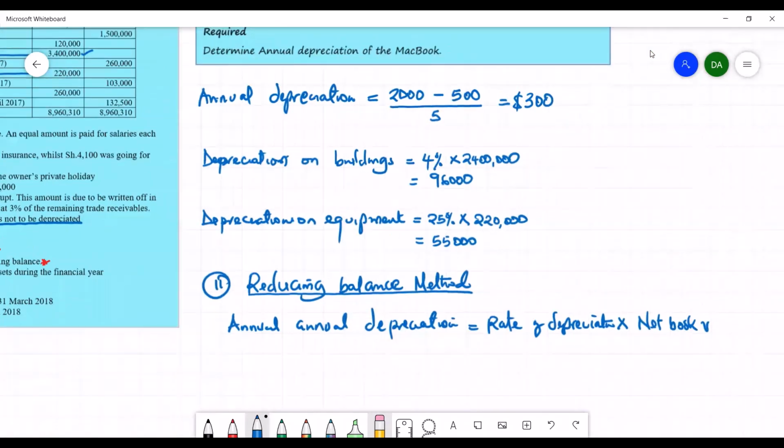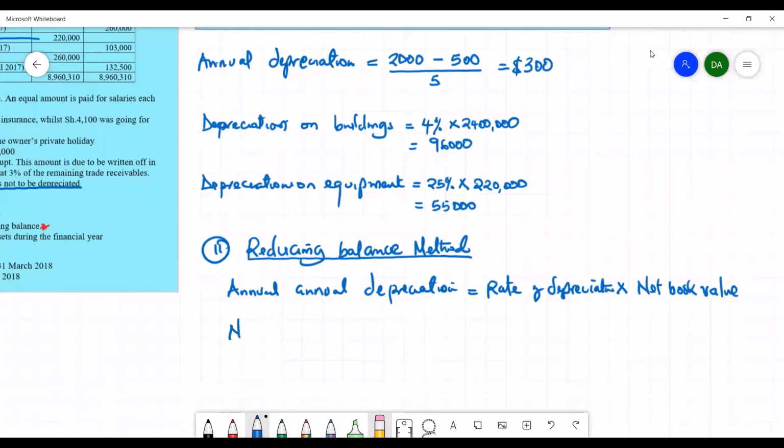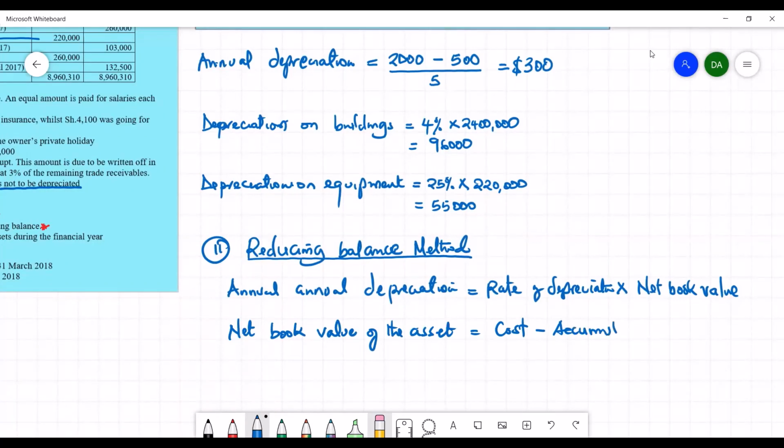Not the cost of the asset, but the net book value of the asset. And this net book value of the asset is determined as the cost of the asset minus accumulated depreciation at that particular time.